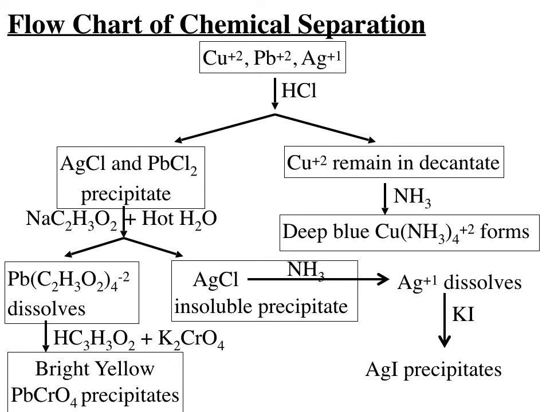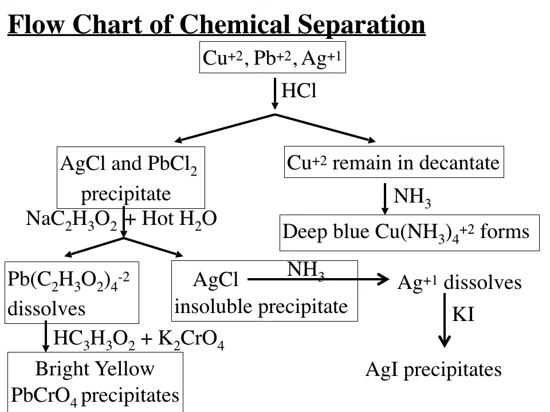So what we do is first we take and separate the supernatant from the solid, and allegedly in the liquid above we would have the lead acetate complex. So to that we add some acetic acid and some potassium chromate, and it should form a very bright yellow precipitate from the originally colorless solution, and that would tell us that we had lead cations present.